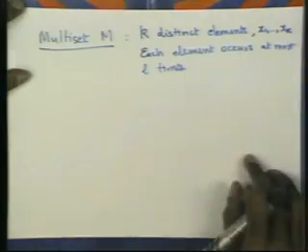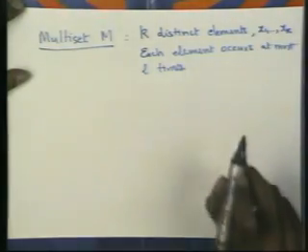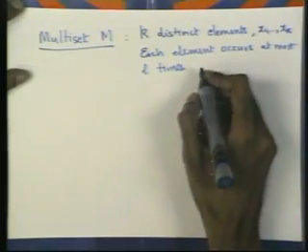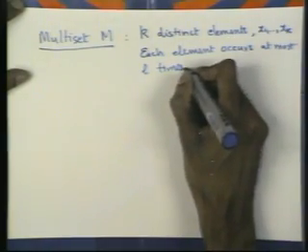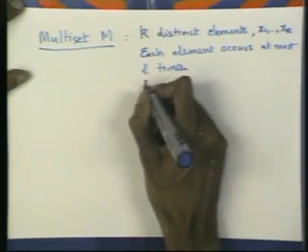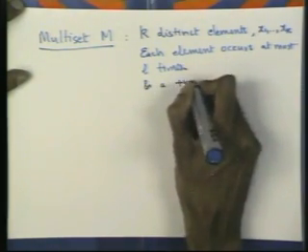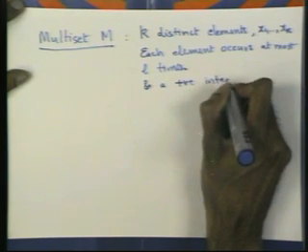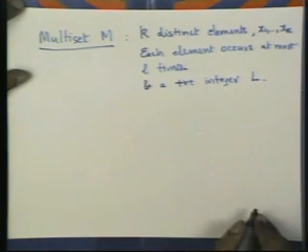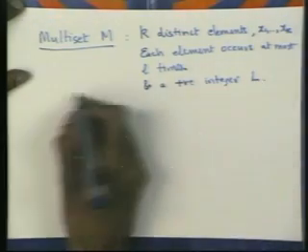Okay. Each of these can have at most L other copies of itself. Okay. And we are given a positive integer L. Okay. Now, what do we do with this? What we want to do is assign.